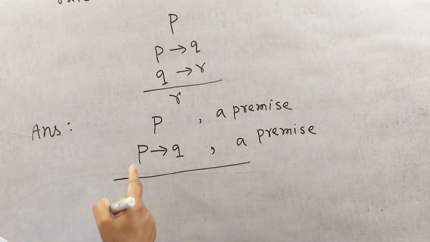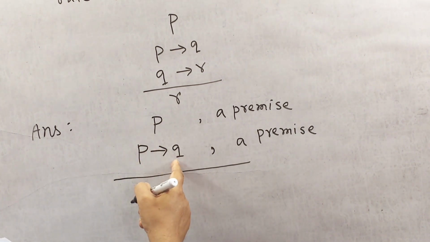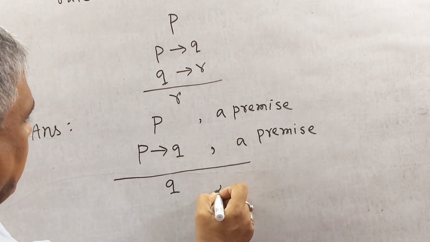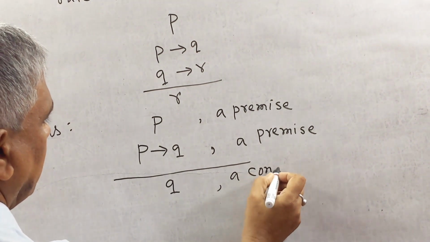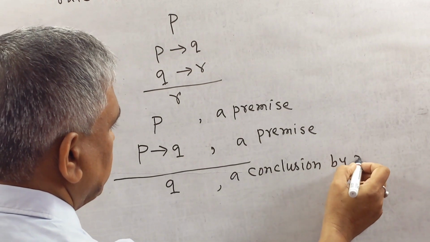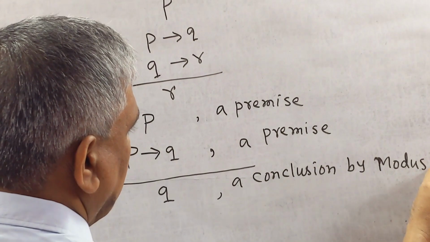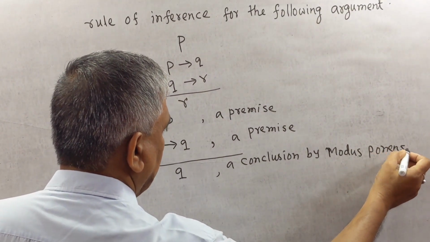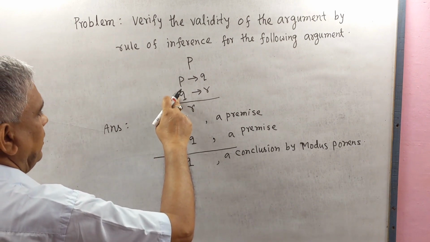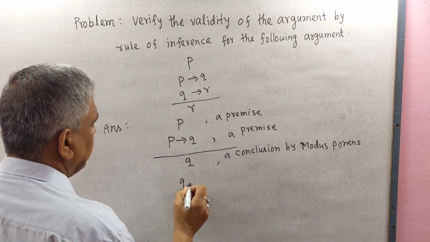We will get Q as the conclusion. This is a conclusion by modus ponens, or law of detachment. Now we have another statement or premise Q implication R.